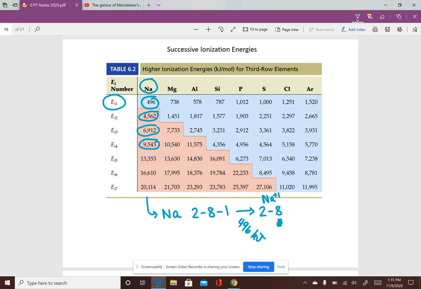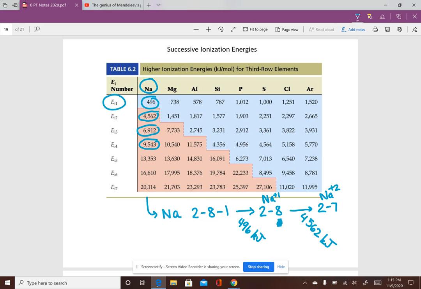So if I want to turn 2-8 into 2-7, if I want to make a sodium plus 2 ion, it's going to take 4,562 kilojoules of energy to do that. Do you see that giant jump? A couple thousand kilojoules difference in energy because I went one shell closer to the nucleus, right?